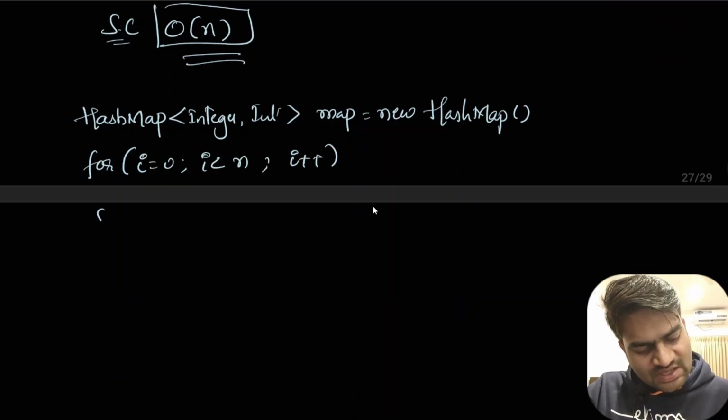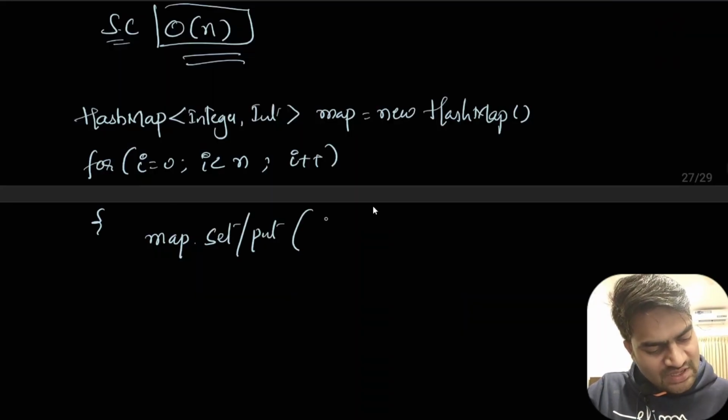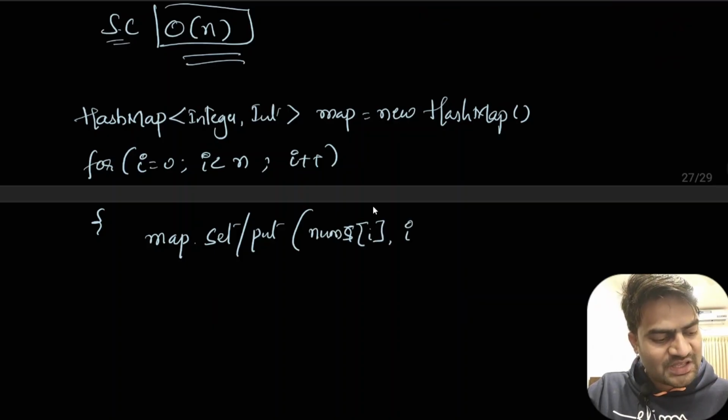Then what I will do, I will say map dot set in JavaScript and put in Java. So with that, I will say nums of i comma value will be its index. Okay, that's what we stored, right?